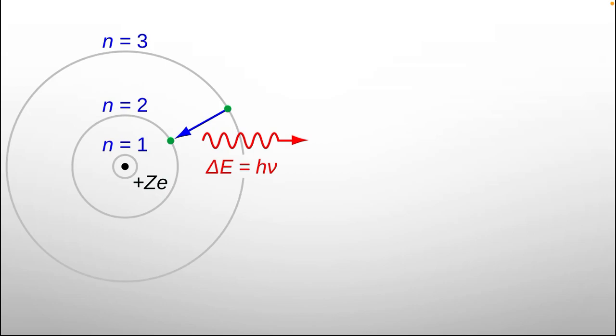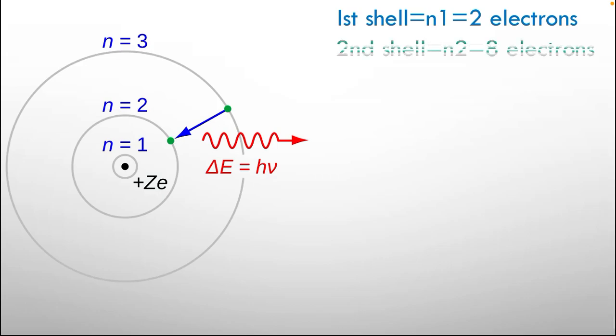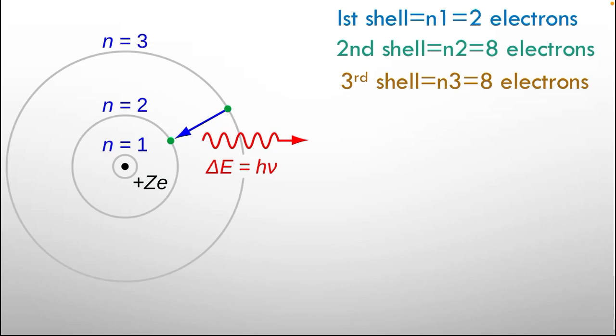Well, this is an electronic shell which consists of 3 shells: n equals 1, n equals 2, and n equals 3. The first shell consists of only 2 electrons, the second shell takes 8 electrons, and the third shell is the octet shell, which must have 8 electrons.